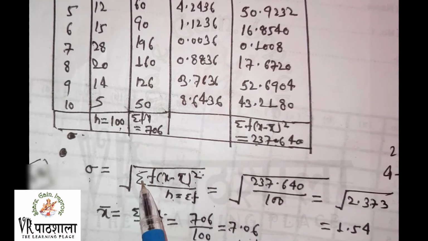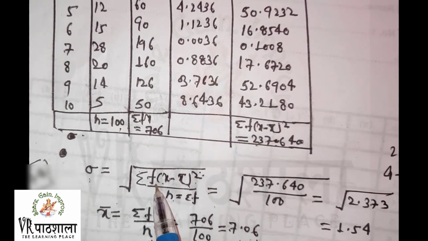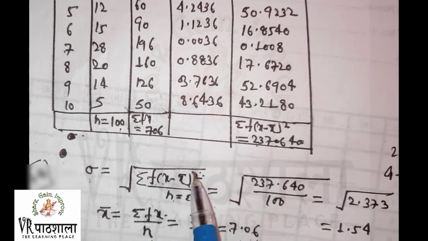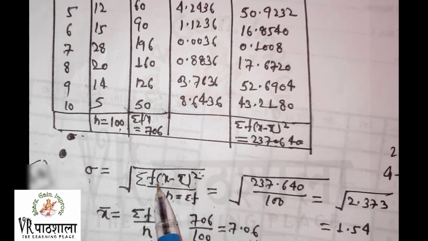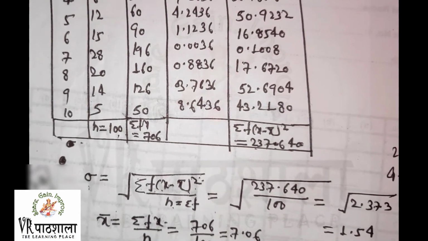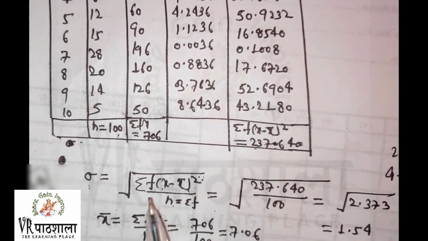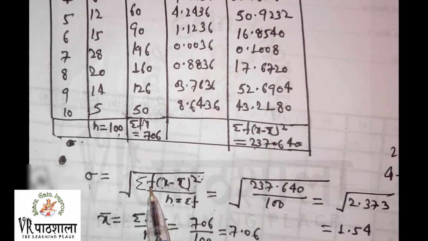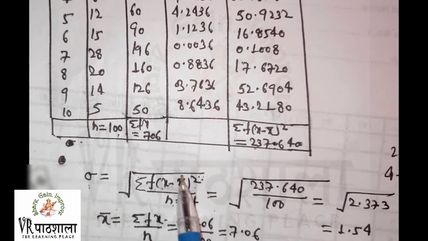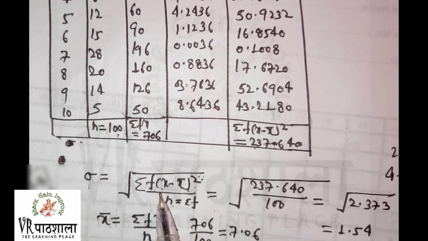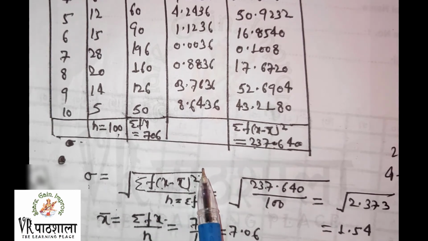So here the summation is applied on f into (x minus x bar) square. We need a column f into (x minus x bar) square in the table. For this, f is given but (x minus x bar) square is not given. So first we calculate a column for (x minus x bar) square.